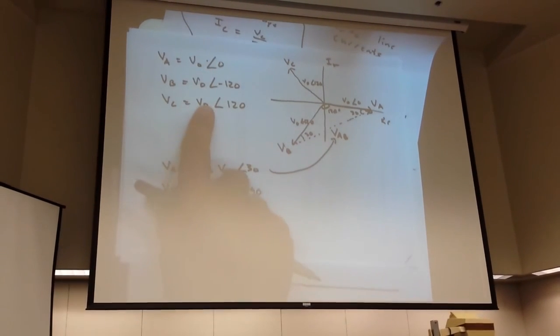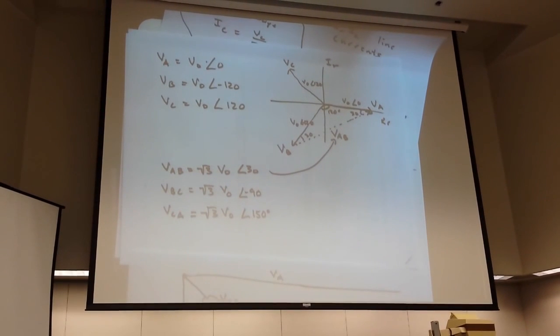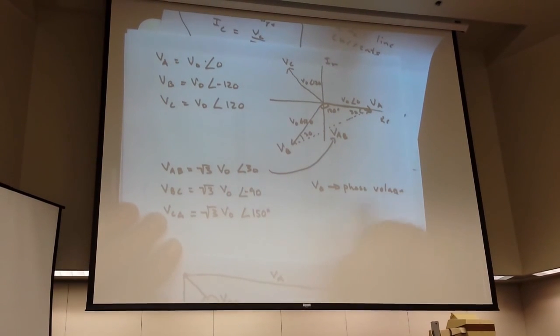These all have the same amplitude, which is square root of 3 times the phase amplitude. So in this case, V naught is the phase voltage, or VP sometimes called, and square root of 3 V naught is the line voltage, and usually VL.